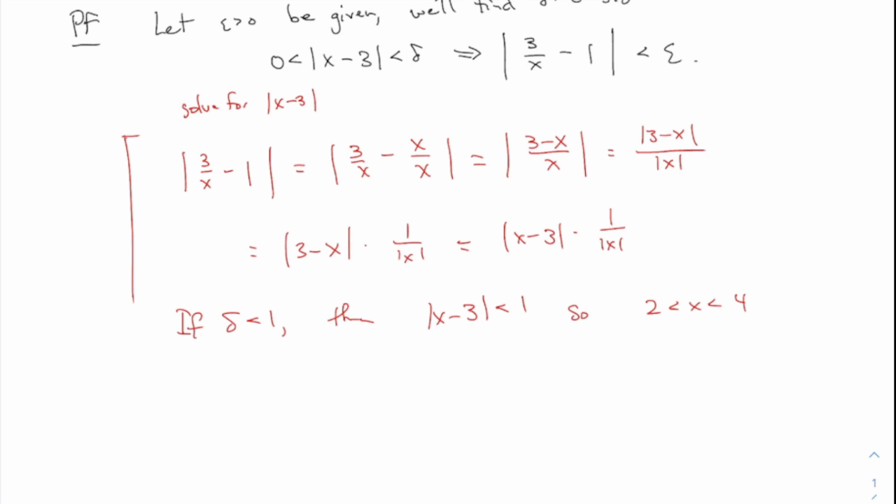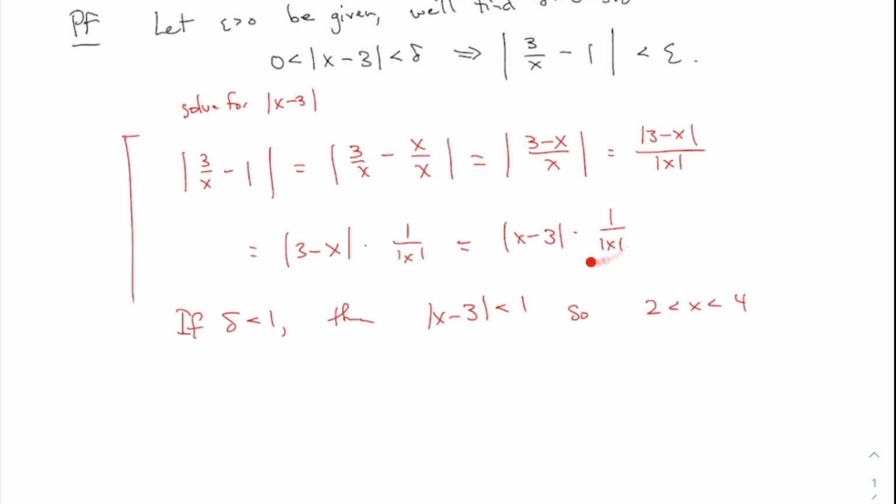Now I said 1 just kind of out of nowhere. This 1 is not terribly important. I could have said less than a half, then x is between 2.5 and 3.5. That doesn't really matter. In most cases, you can just take delta to be less than 1. Anyway, x is between 2 and 4, and now we can do something like she suggested.